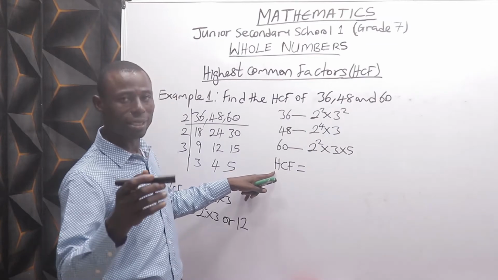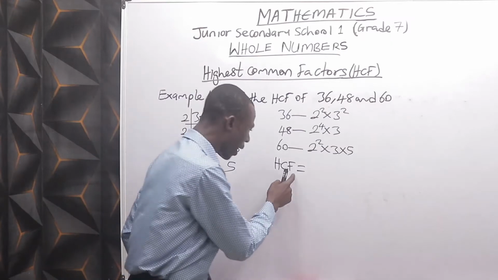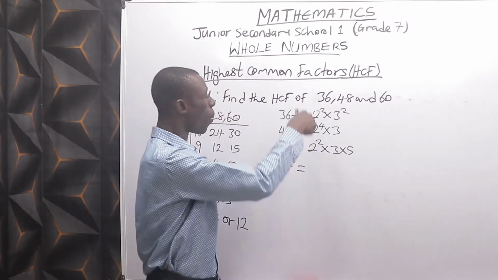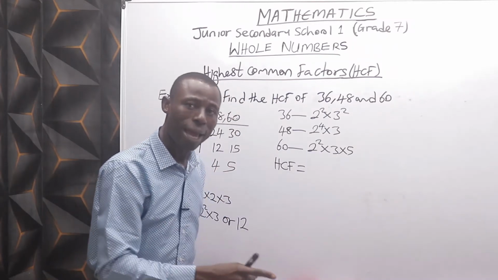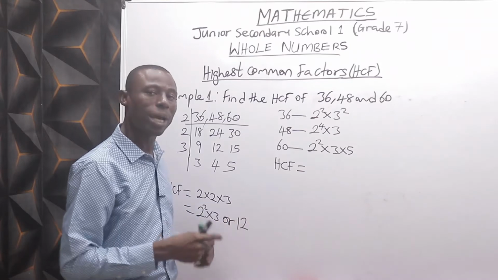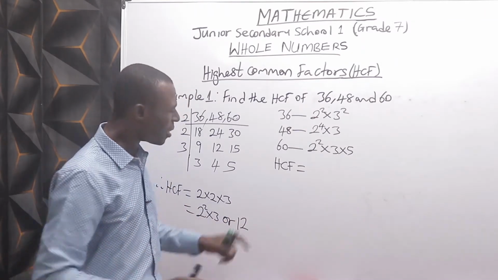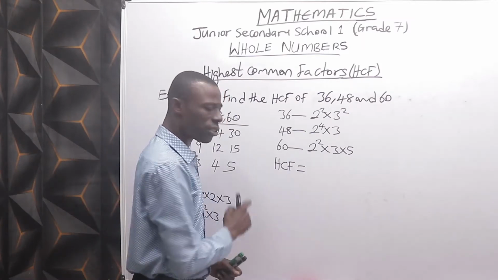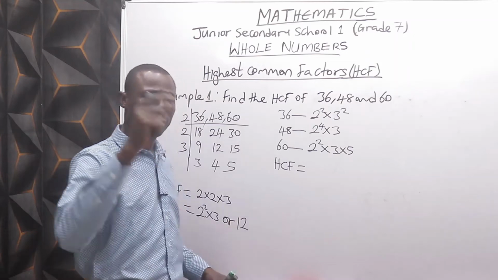H is highest. The opposite of highest is lowest. So here, we pick only the common factors in their lowest power. Jot it in your notes that when you are picking the HCF, you pick the common factors in their lowest power.